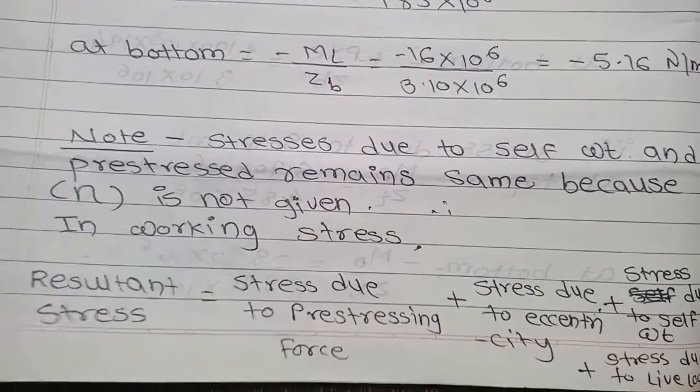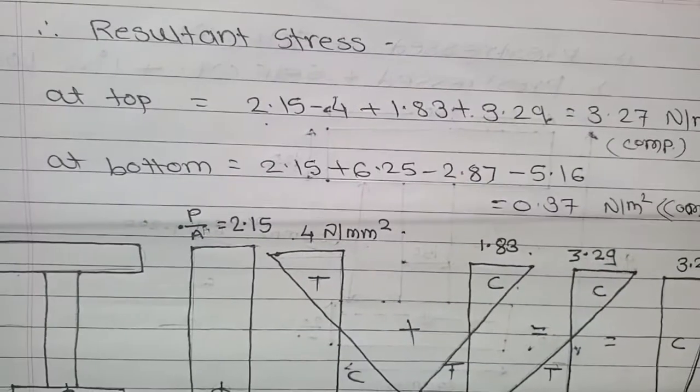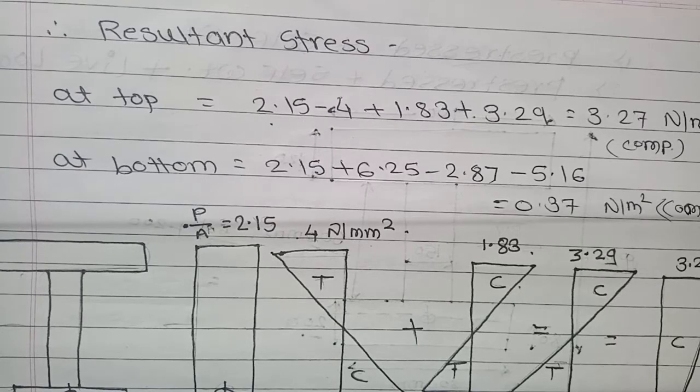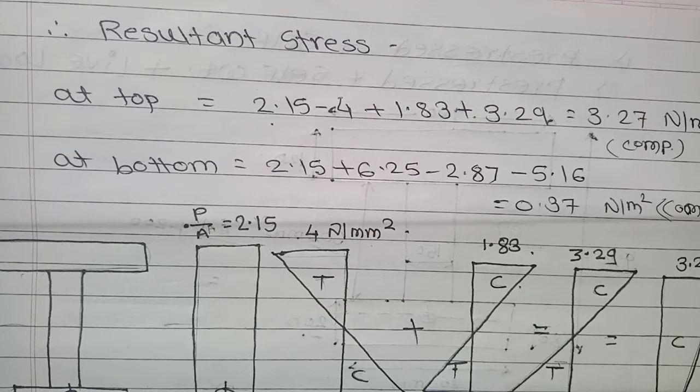Addition of these four stresses gives the resultant stress: first, stress due to pre-stressing force at top, that is 2.15, minus stress due to eccentricity, that is minus 4, plus stress due to self-weight, that is 1.83, and last one is stress due to live load at top, that is 3.29. We got the resultant stress at top, that is 3.29 Newton per mm square.